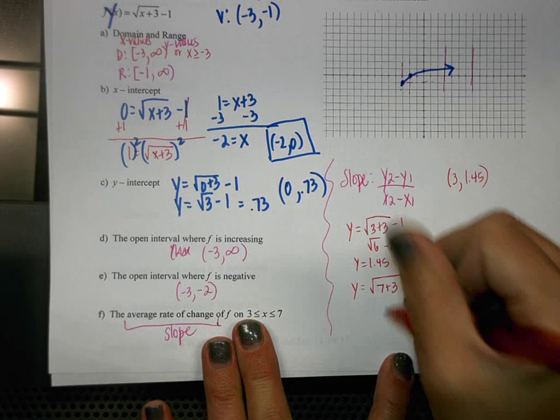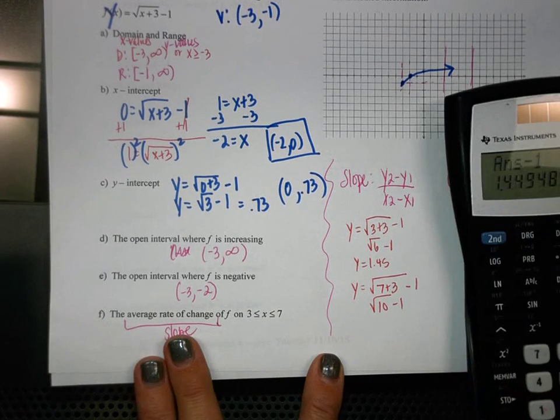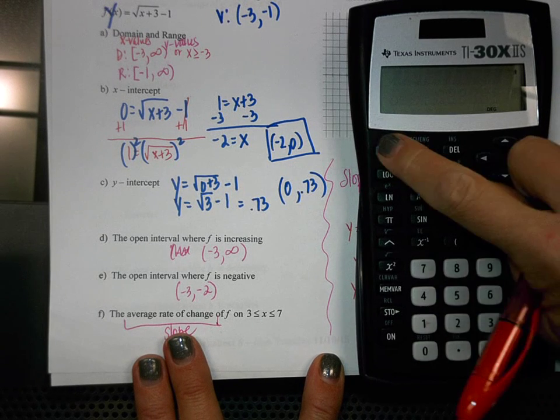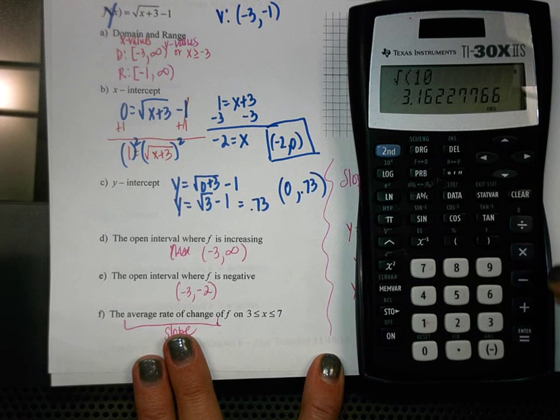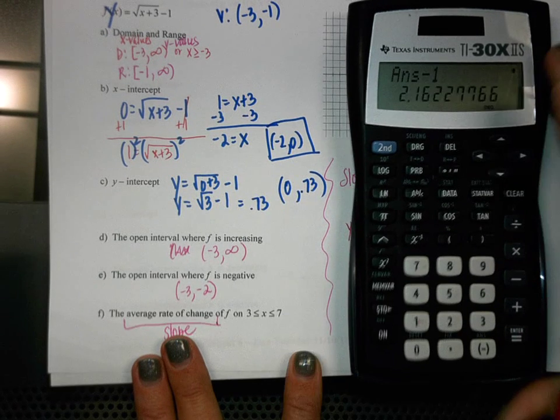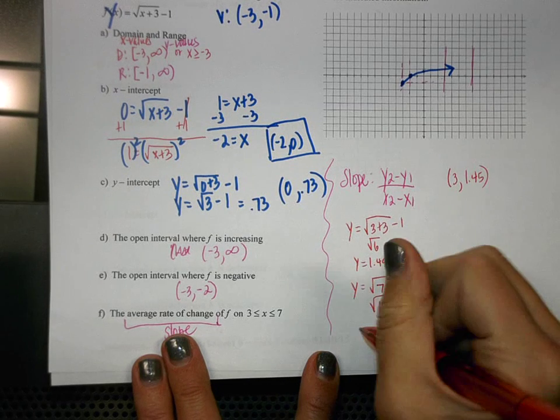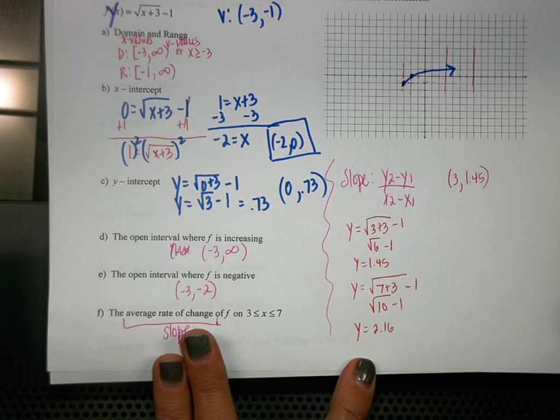So we get the square root of 10 minus 1. We're going to use our calculator. Square root of 10 equals that, and then I subtract 1, and so we are going to call that 2.16. So my other ordered pair is?